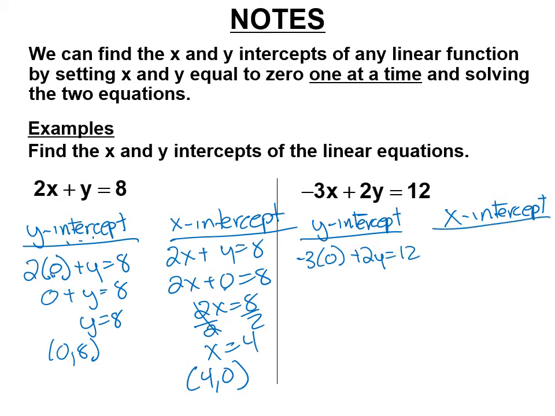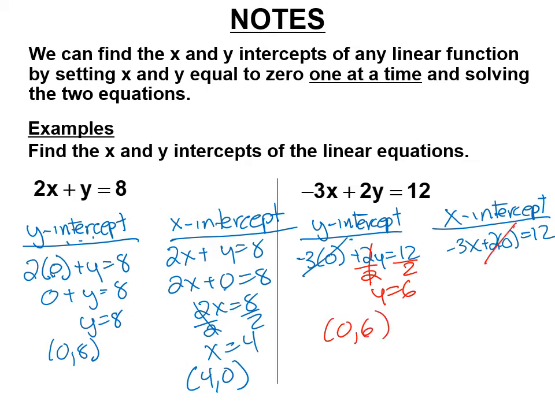For the x-intercept, I make the y-coordinate 0, and I solve both of those equations. So negative 3 times 0 is 0. This will just cross out, and you can just do that. 2y equals 12. I did it the long way the first time, but you can just cross that out, divide both sides by 2, y equals 6, and so the y-intercept is (0, 6).